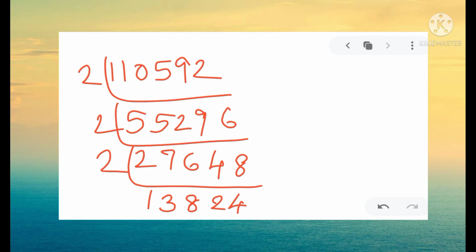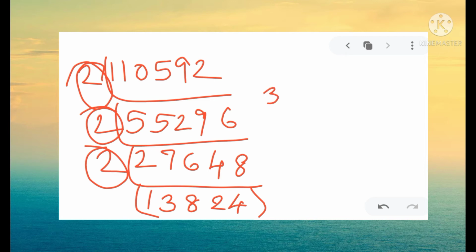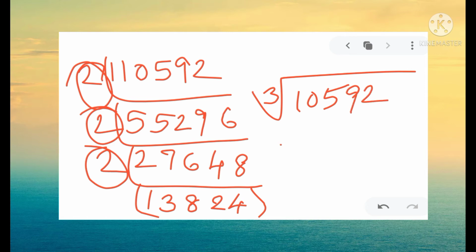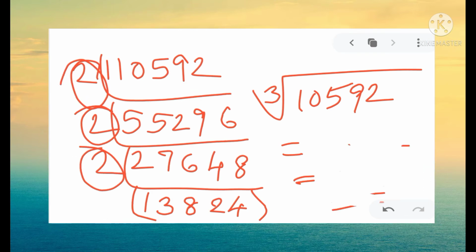Then we can see that in the last problem we got the cube root of 13,824 as, what is it? 8. Only 3 2's are remaining. So comparing that, we can write 110,592 as 1 2 from this group, 1 2 from this group, and the others we can already find, since the cube root of 13,824 is 24.